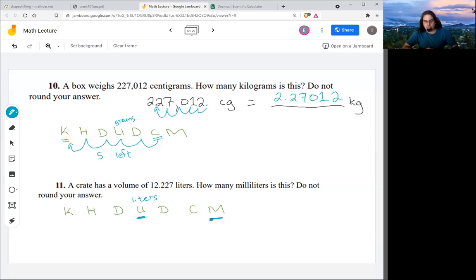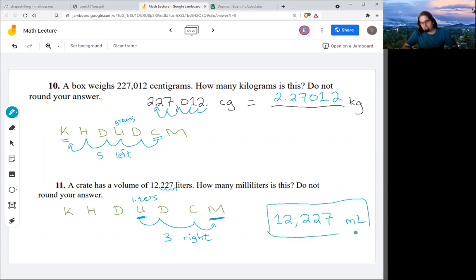And we're going to milli. 1, 2, 3 to the right, just like you said. 1, 2, 3 to the right. So 12,227 milliliters. I kind of wrote them different ways. You can do however makes you happy.